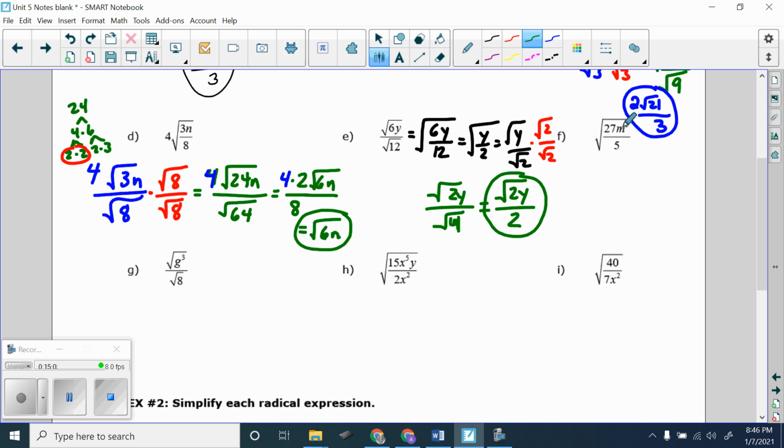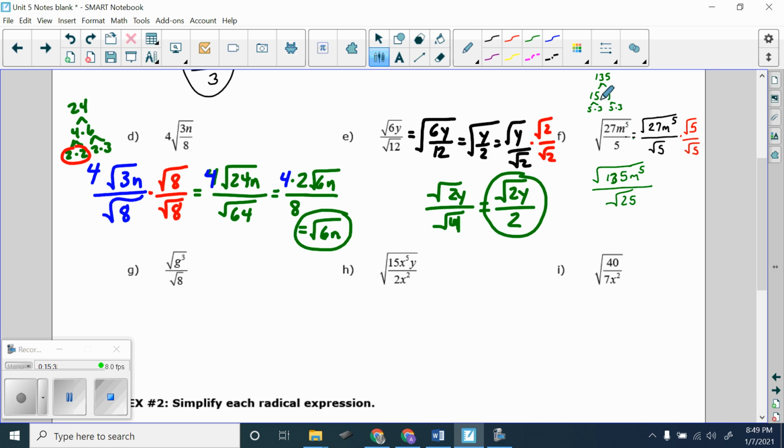All right, you guys go ahead and try this last problem here. All right, again, you could have simplified this 27 and brought it out, but instead I'm just going to go ahead and multiply by this version of 1, which is the denominator over itself. So the top will become the square root of 135 m squared, m to the 5th, and the bottom will become square root of 5 times square root of 5 is square root of 25.